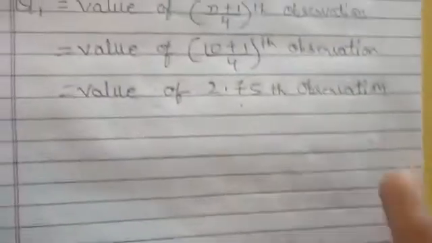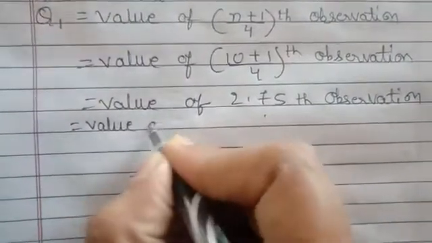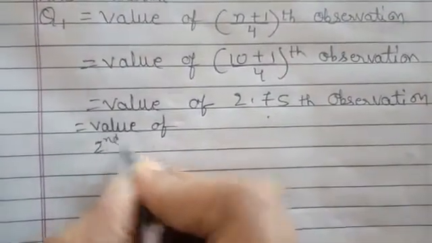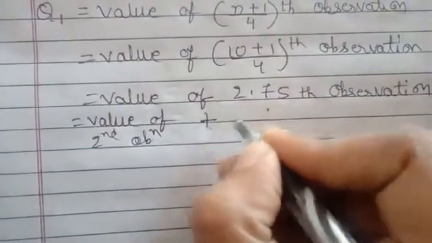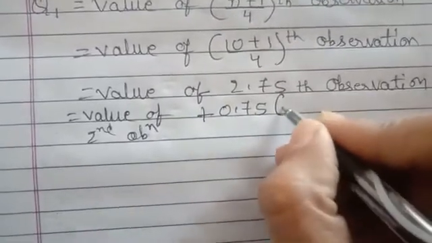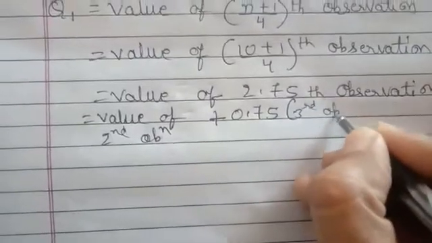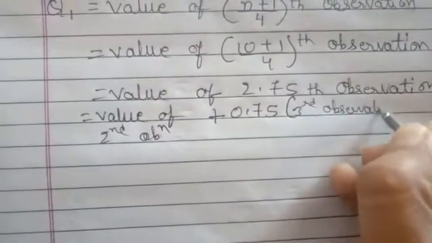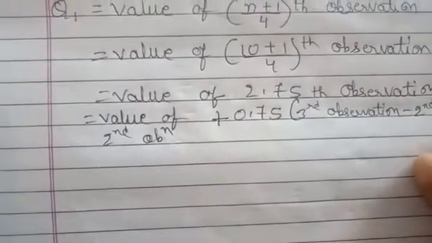Now, whenever this answer comes in decimal, what we do is take the next observation into consideration. That is equal to the value of the second observation plus 0.75 times (value of third observation minus value of second observation).